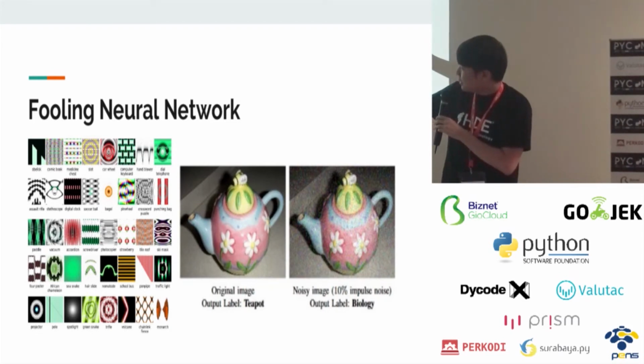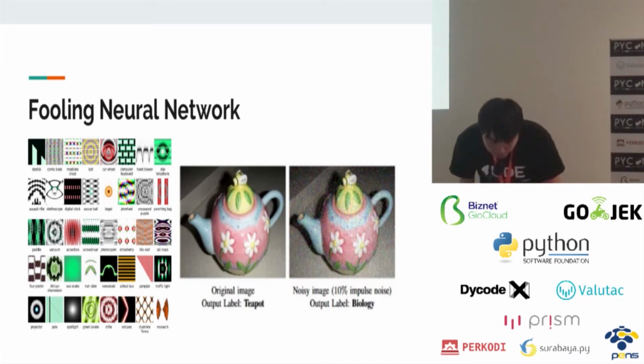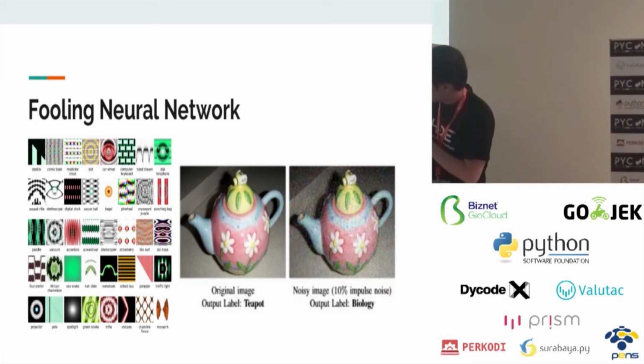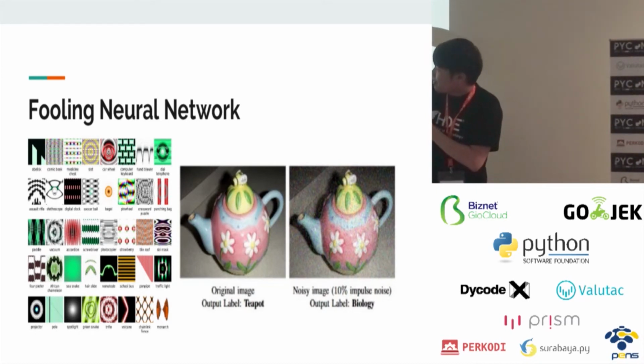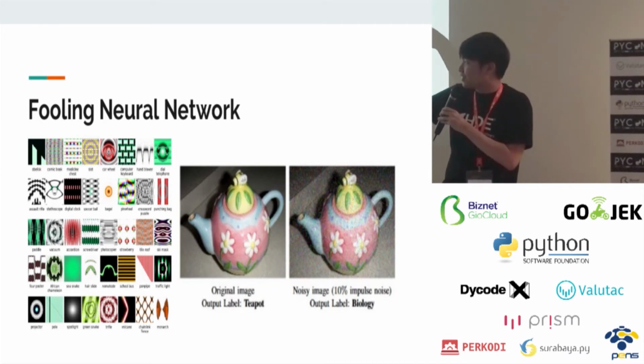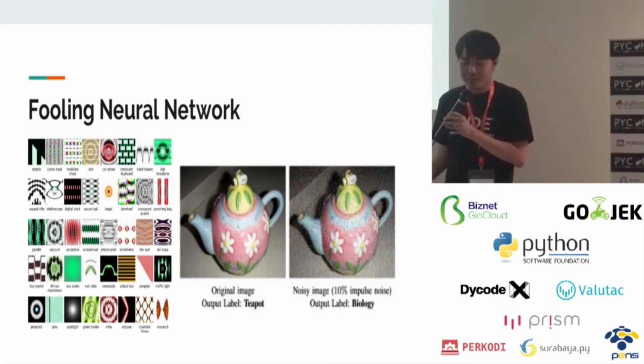For human beings, those images probably make no sense. But as you can see in this image, it says comic book. So when you try to detect a comic book and present that pattern to your neural network, it will give the same result, even though those images don't make sense to a human being.